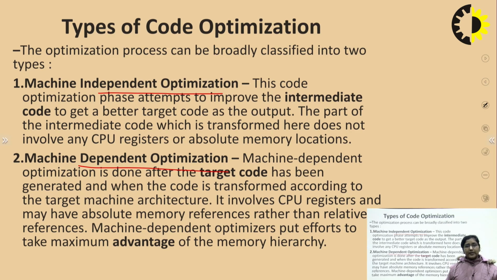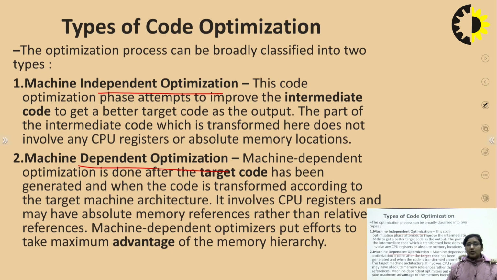Machine independent optimization tries to improve the intermediate code to get a better target code as the output, and the part of the intermediate code which is generated is transformed. Hence, it does not involve any CPU registers or absolute memory locations. So it is called machine independent, since it does not require any registers or memory locations.